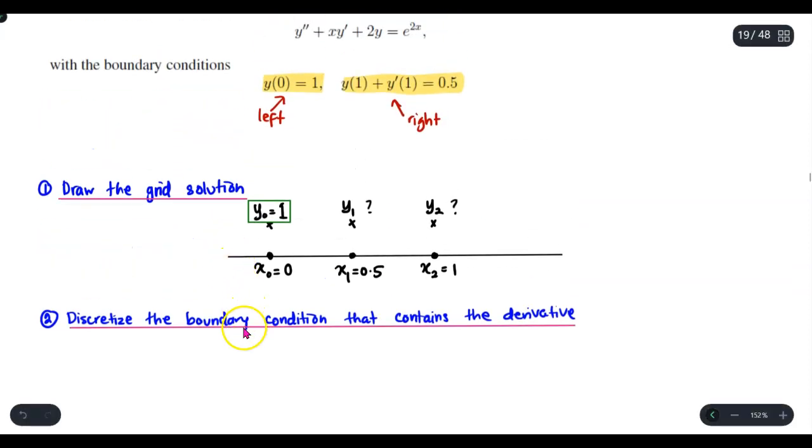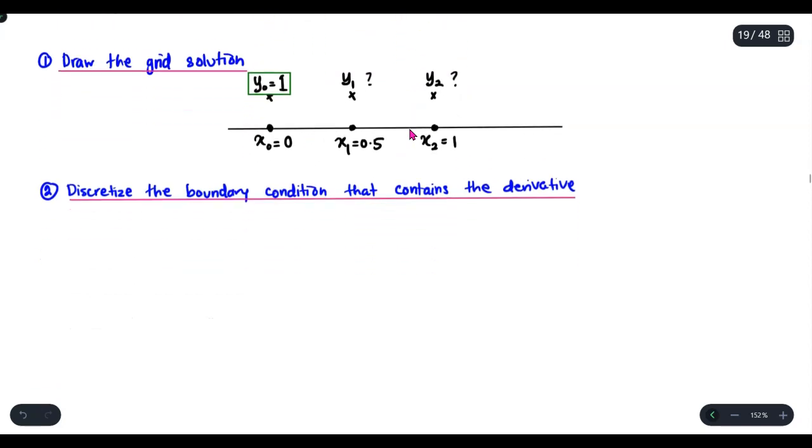For this example, for the left boundary you don't have to do anything, because the boundary condition at the left has no derivative term. So you only discretize the right boundary in this case. But if your left boundary condition also had a derivative term, then you would need to discretize both. For this one, we only discretize the right boundary.